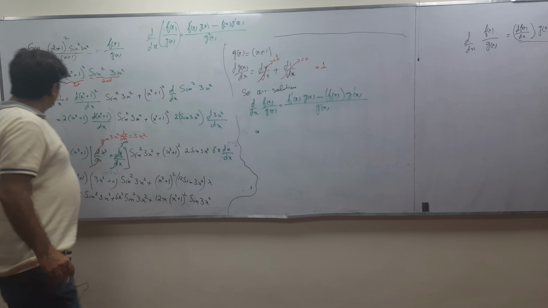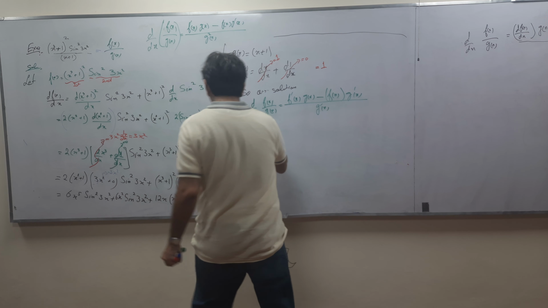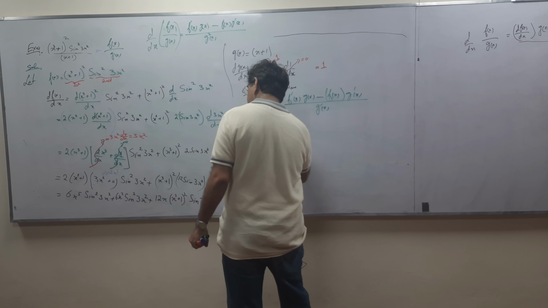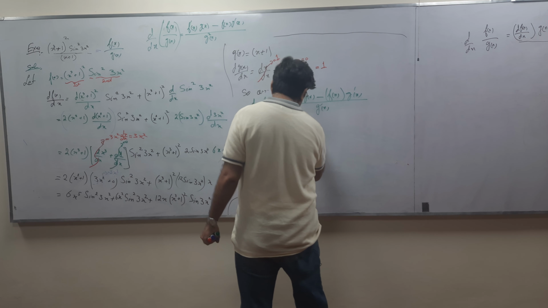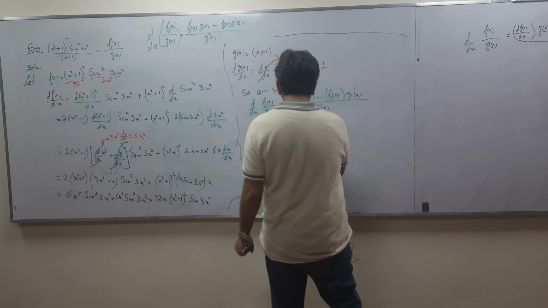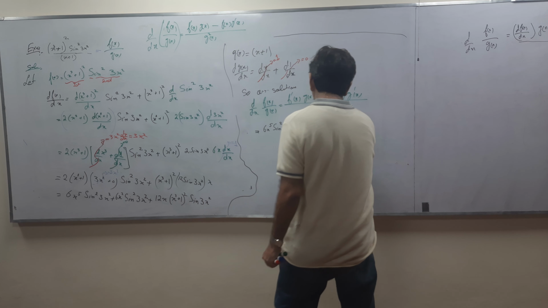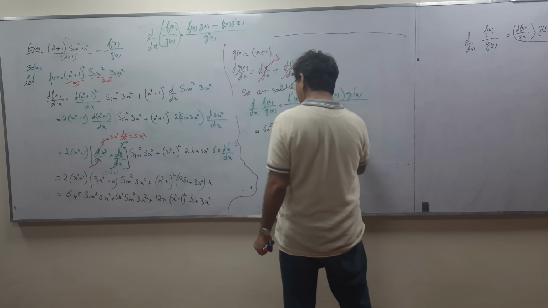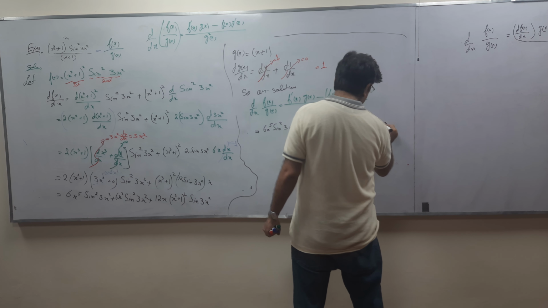yes, f dash of x, what is that? That is 6x5 sine square 3x square plus 6x square sine square 3x square plus 12x, x cube plus 1 square sine 3x square.